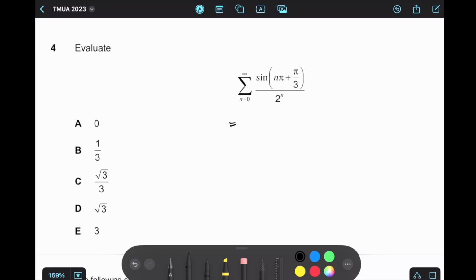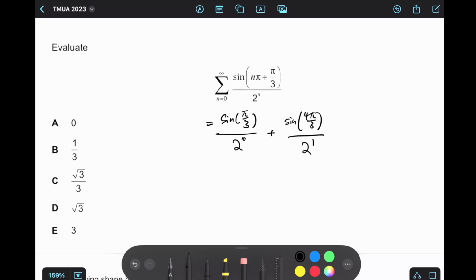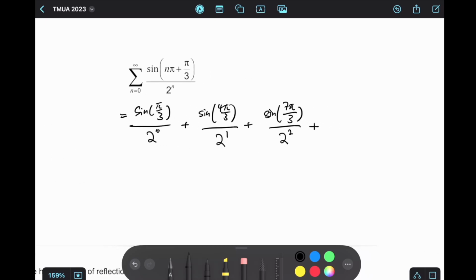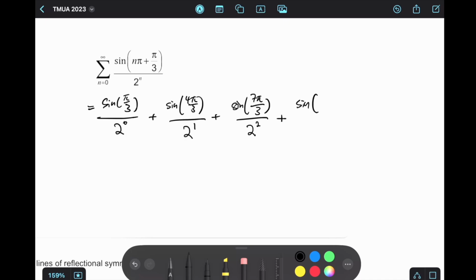So this series starts off by sine of (0 pi plus pi over 3), which is pi over 3, over 2 to the power 0, plus sine of (pi plus pi over 3), which is 4 pi over 3, over 2 to the 1, plus sine of 7 pi over 3 over 2 to the 2, plus sine of 10 pi over 3 over 2 to the 3, and so on.